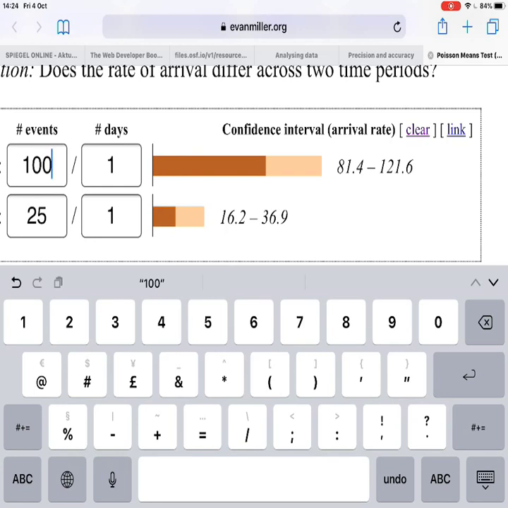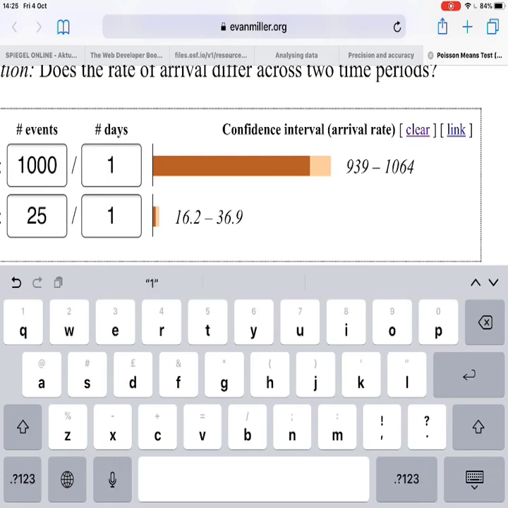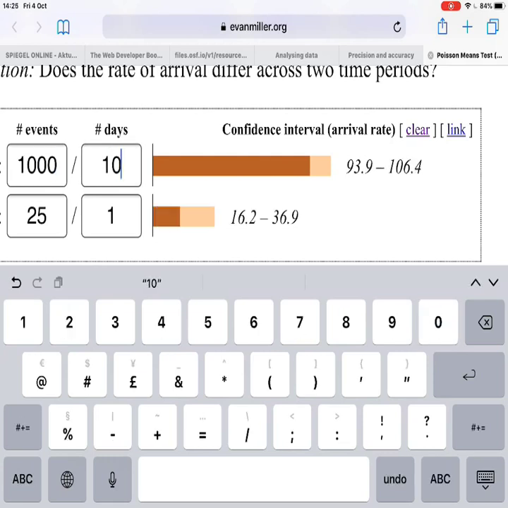Let's say we find 1,000 colonies in 10 plates. What is our confidence interval then? Our confidence interval goes from 94 to 106. And what you see is the confidence interval becomes smaller.